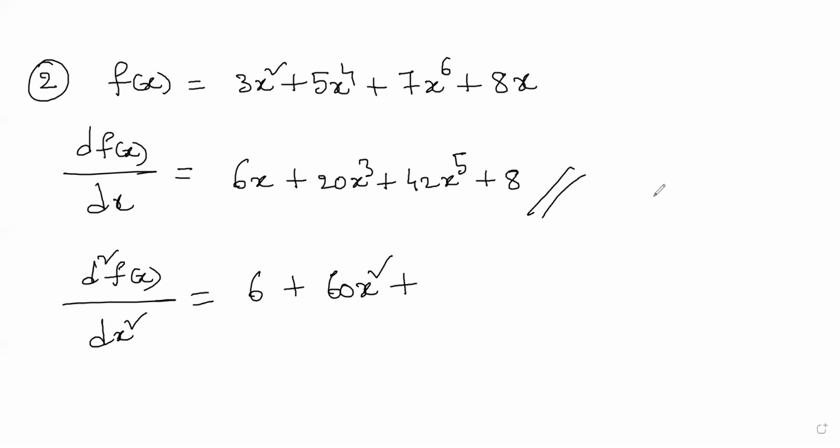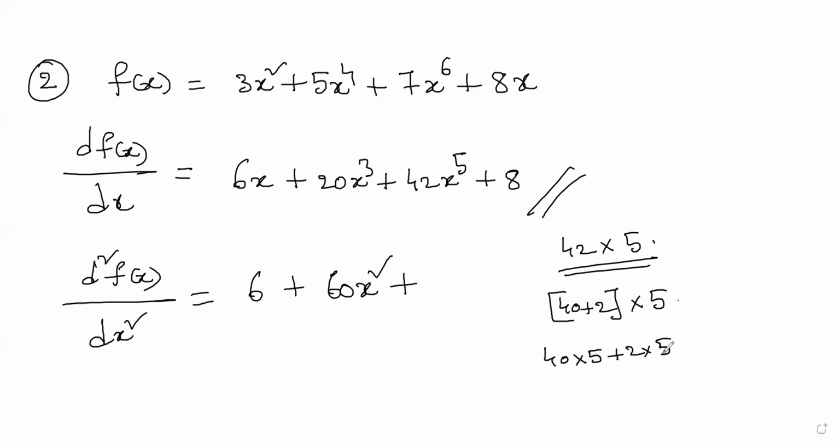So you don't have to struggle. I'll tell you one technique. Suppose you end up with something like this. Don't worry. You write 42 as 40 plus 2, right? So 40 into 5 plus 2 into 5. Now it's very easy for you.